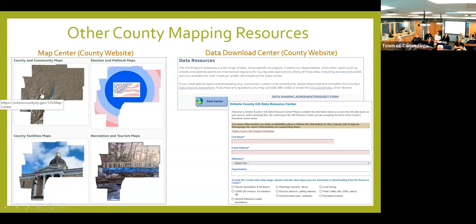So if people are just looking for a simple PDF map that has a list of streets, please definitely encourage them to grab that. I may need that. It's been a while since I updated them, so if it looks like there's things that are missing, just let me know. And I'm happy to get those updated. We've got election district, political district maps.